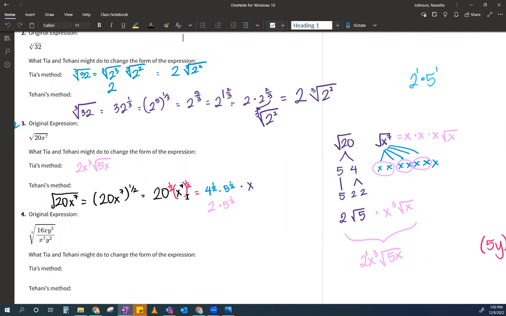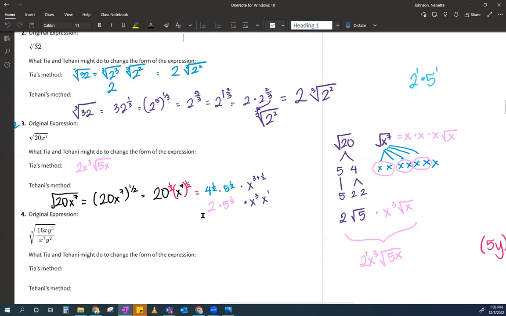Yeah, 7 times 1/2 is 3.5. So I'm going to write it like this: 3 plus 1/2, right? You guys remember this? 3 plus 1/2. So I'm going to write this right below here, times x to the 3rd, and then x to the 1/2. I'm going to separate them out and you'll see why.